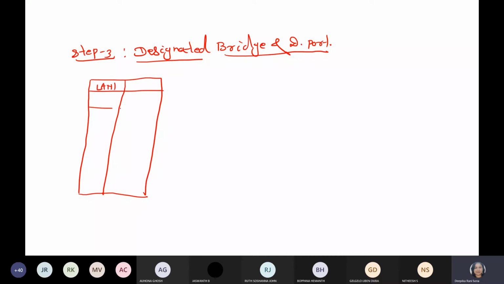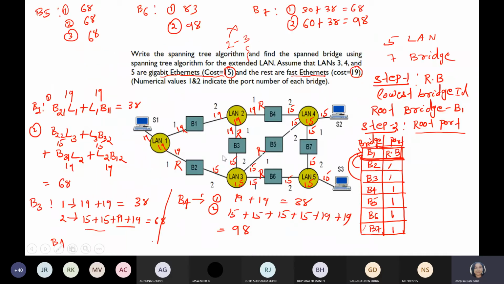LAN 1, LAN 2, LAN 3, LAN 4 and last LAN 5. Now with respect to these LANs, we have to find out the designated bridge and designated port. So let's have a look here.